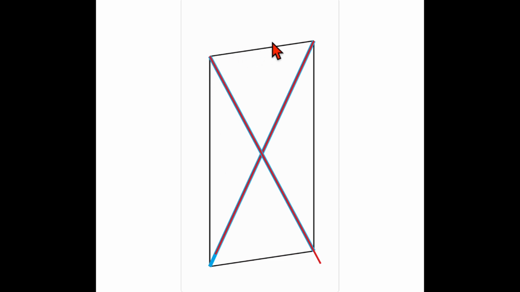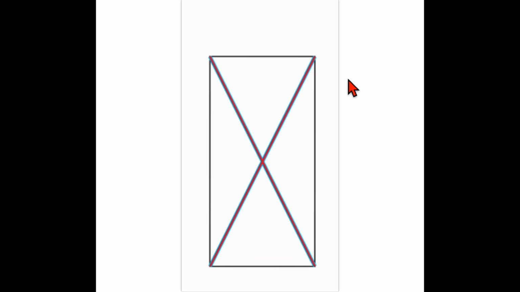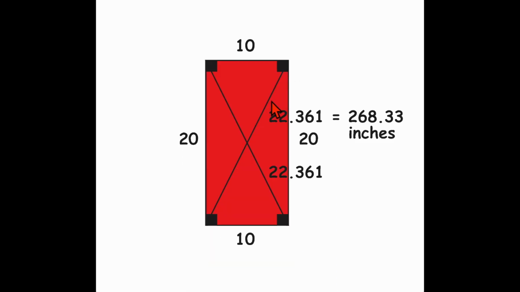I know that the framing of this deck will be square with the house. This board will form a right angle with this board. So tap it a little bit more, and now these two lengths are equal. This length is 268 1/3 inches, and this length is 268 1/3 inches. So now I have a deck that is square with the house.